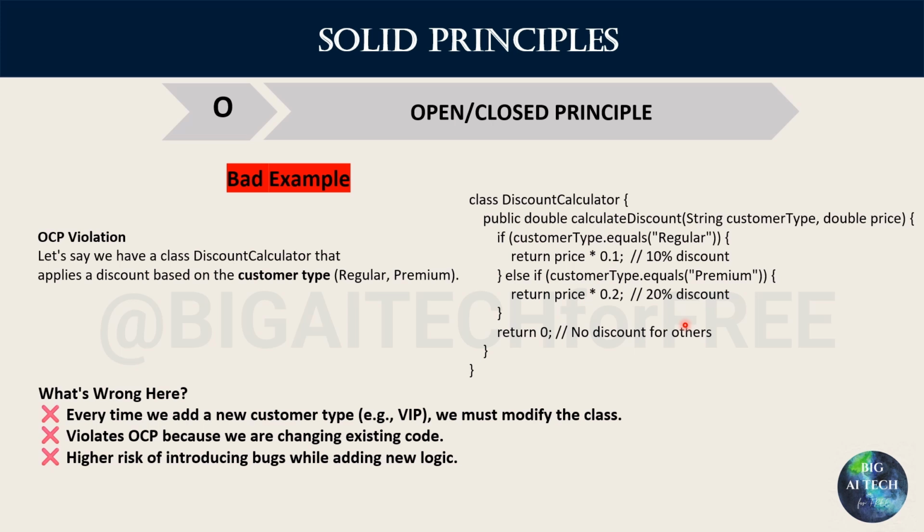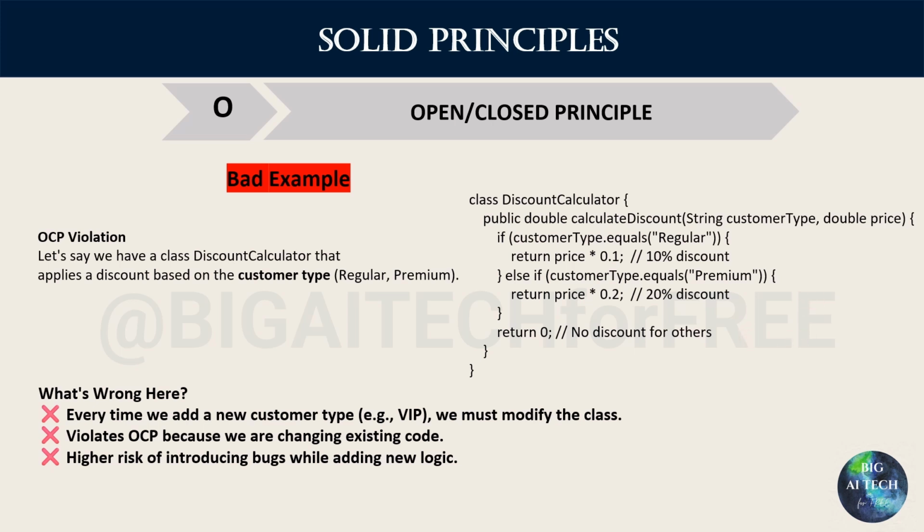So this really violates the OCP because we are changing the existing code. And there is a higher risk of introducing bugs while adding new logic because we are changing an existing class every time a new customer type is added. So this example violates the open closed principle of software architecture.